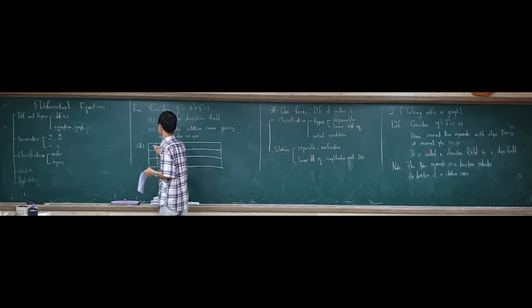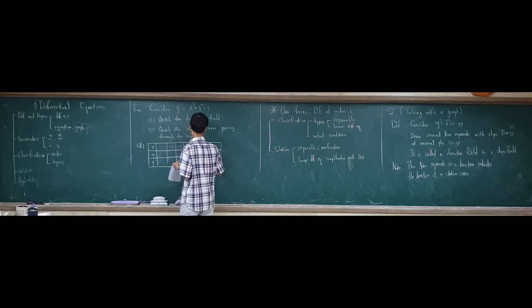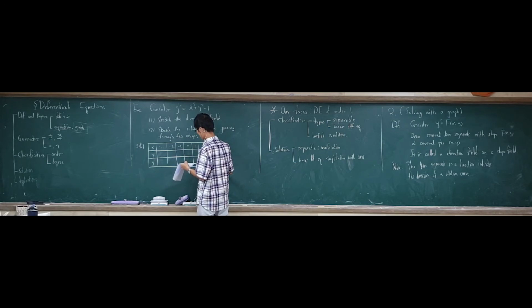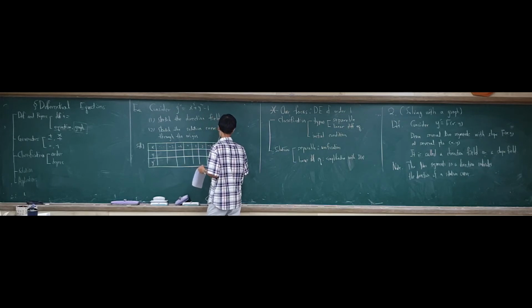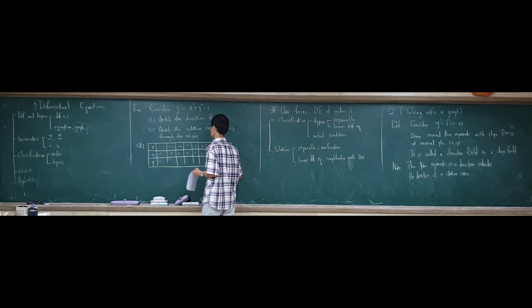For example, if x is minus 2 and y is 0, then we can say that y prime is 3.